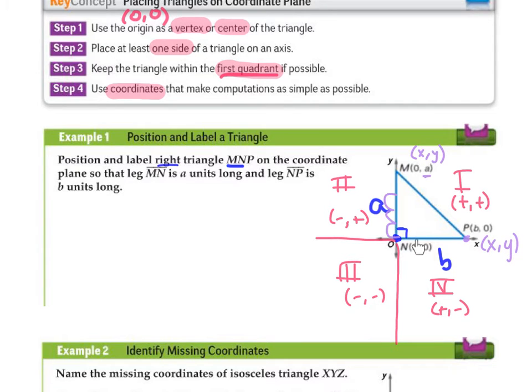We were asked to have leg NP as B units long, so that's why our x value is B. Because again, we don't know how many units B is, but having it labeled as B allows us to count like so. So we have 1, 2, 3, 4, 5. We could say P is at 5, 0, just for an example.